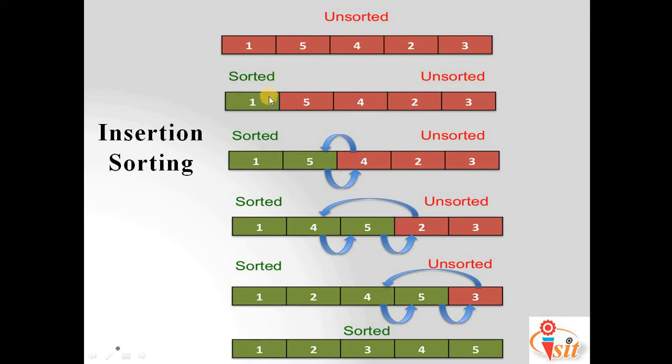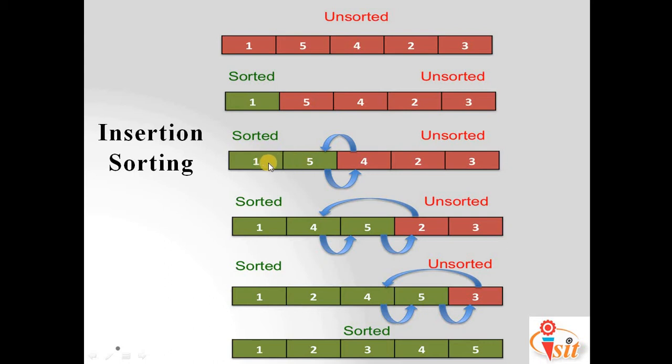Afterwards, as per the rule, the first element from the array we consider as sorted and the remaining elements we consider as unsorted. Afterwards, the element from the unsorted subarray we compare with the sorted array and based on that we need to replace. So consider here first we will take the element 1 as well as the 5.